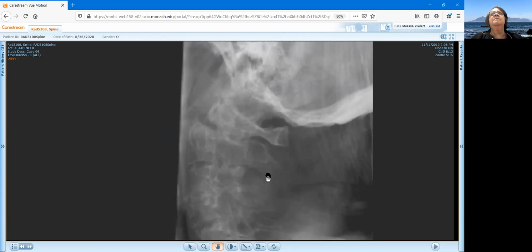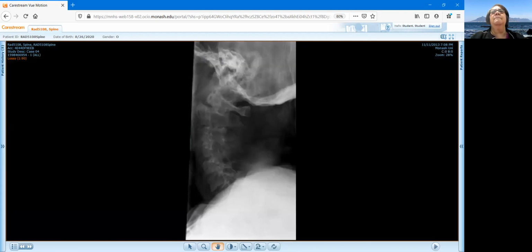But the main significant abnormality that we can see here is this C1 on C2 dislocation. So the alignment has been affected, the bone is affected, and also the joint spaces because of the degenerative disease. The overall comment is atlantoaxial dislocation, or you can say C1, C2 dislocation.